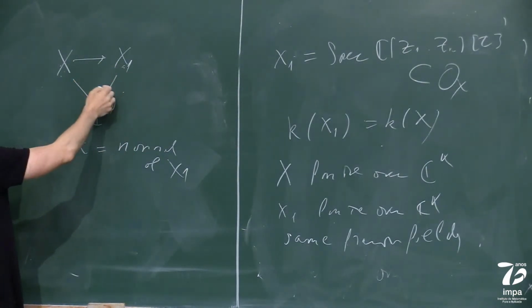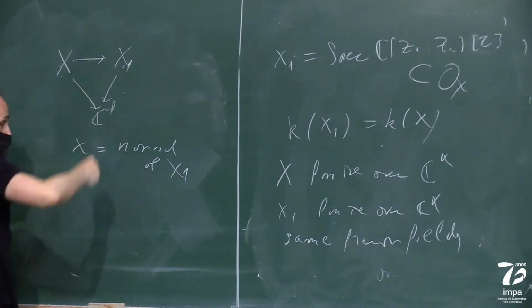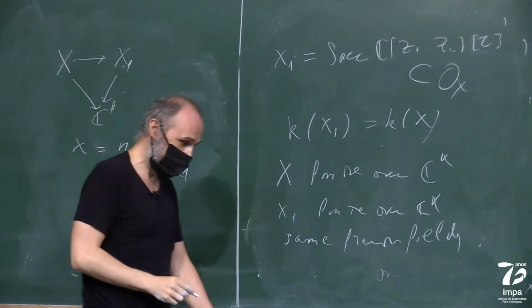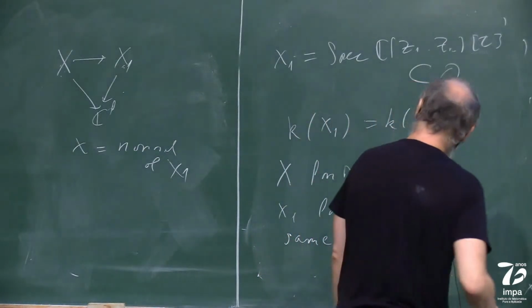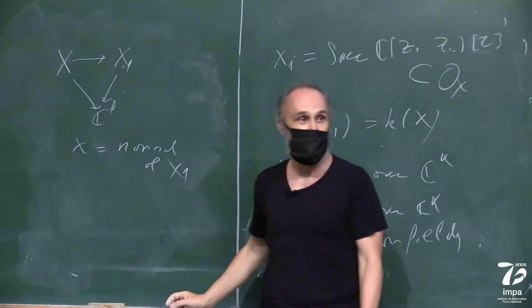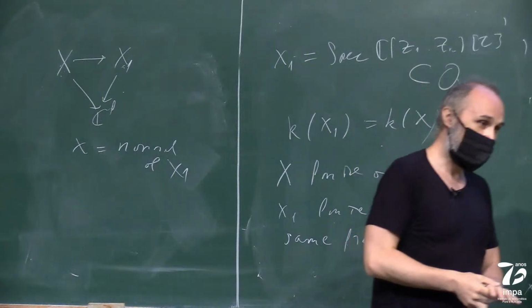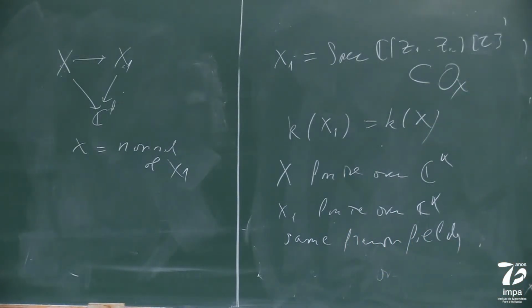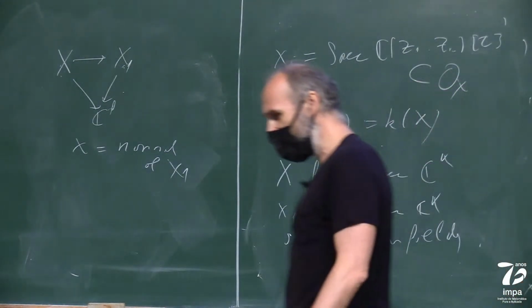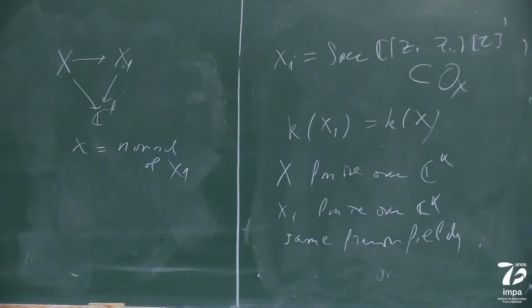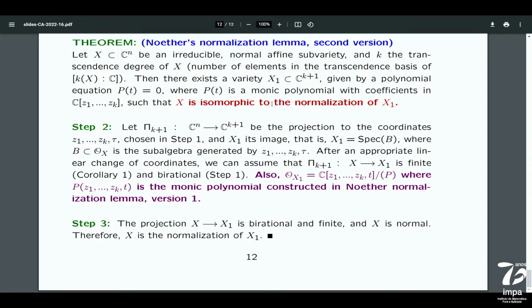So it's finite over x1 for two different reasons, and it has the same fraction field. So it has to be the normalization. Okay, so I think I'm done with the Noether normalization theorem, and it's a bit like a uniformization theorem.